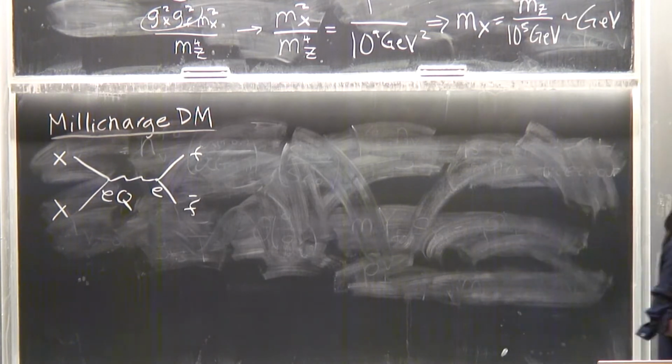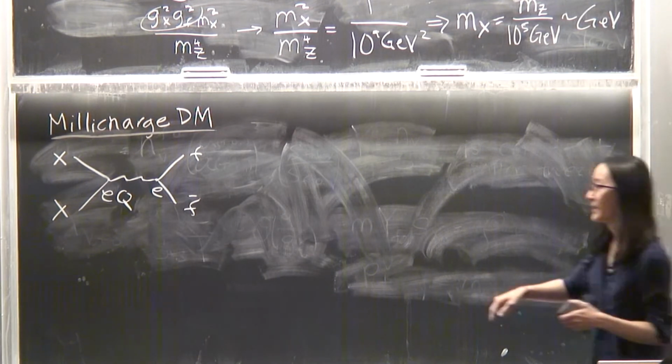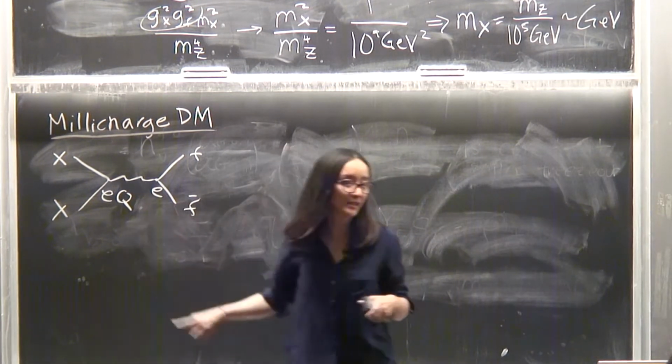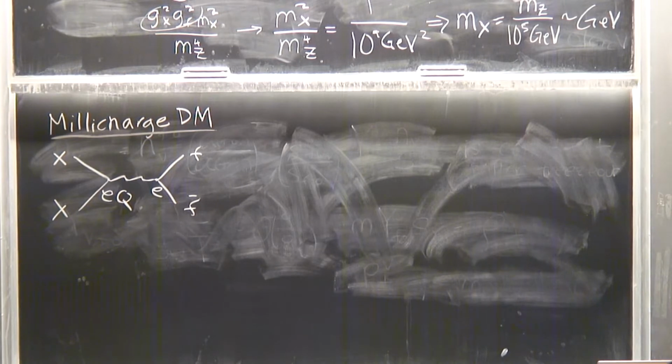And if Q is very small, then this process should dominate over the direct annihilation into the photon, because this one goes as Q to the fourth.